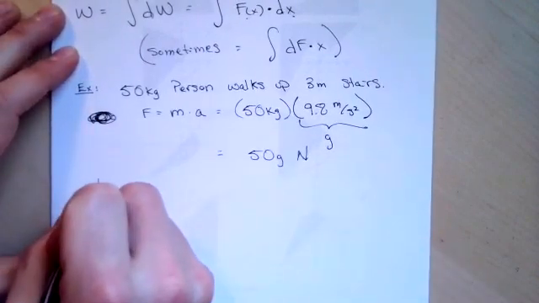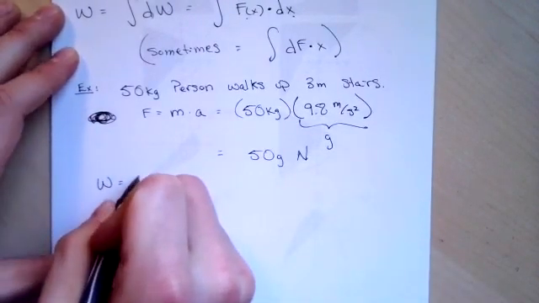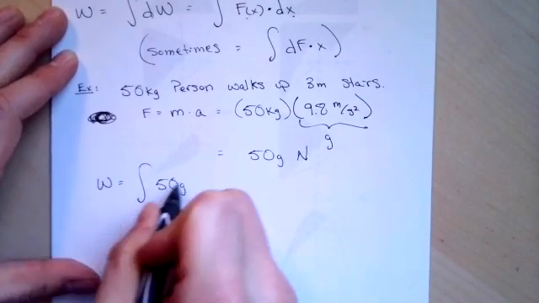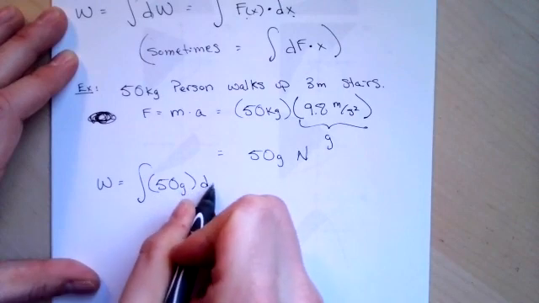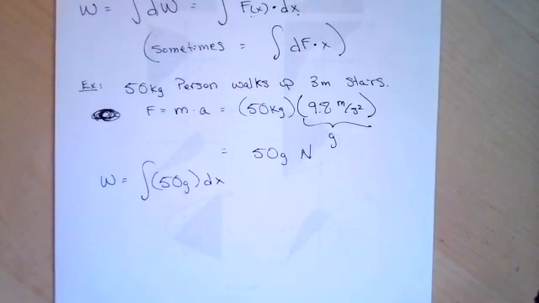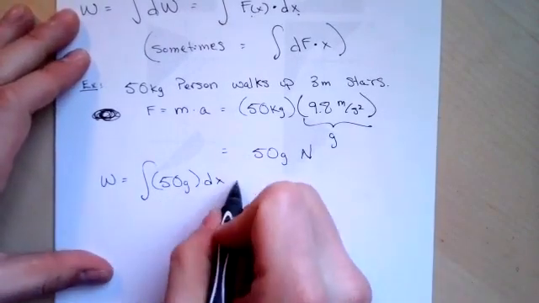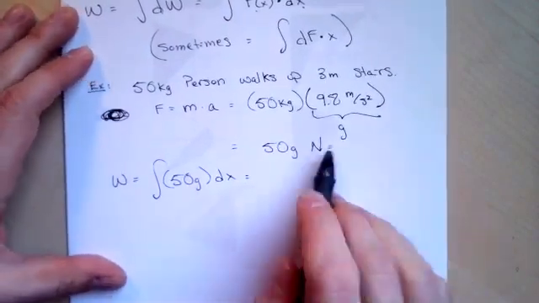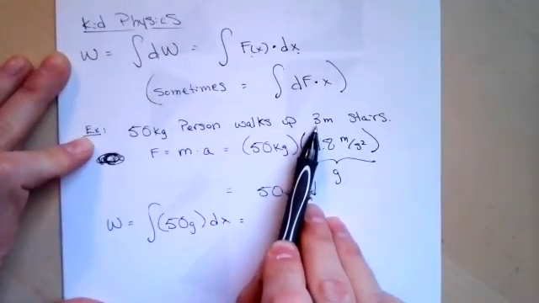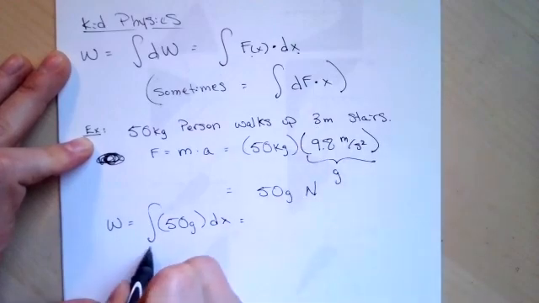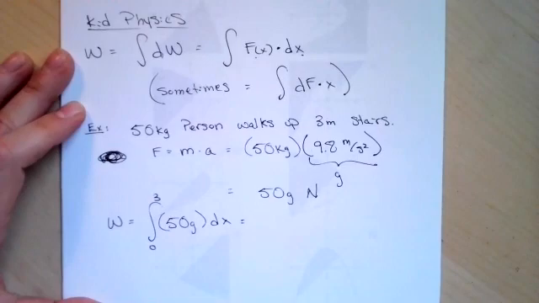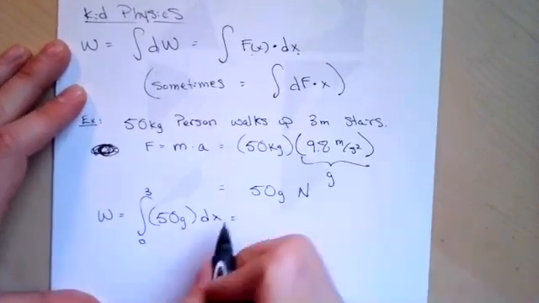The work done in this case, of course, we're going to recover our basic algebraic formula since we are just integrating a constant. And we should say that our displacement, if we walk up 3 meters, if we consider the ground 0, and of course we walk up 3 meters at a height 3, our top will be 3 meters.